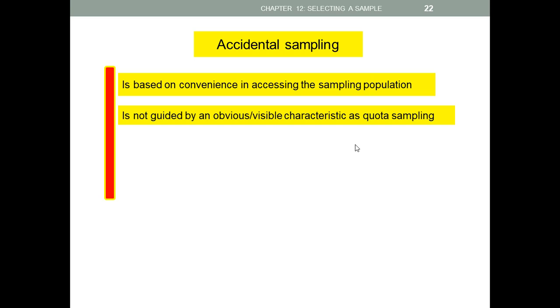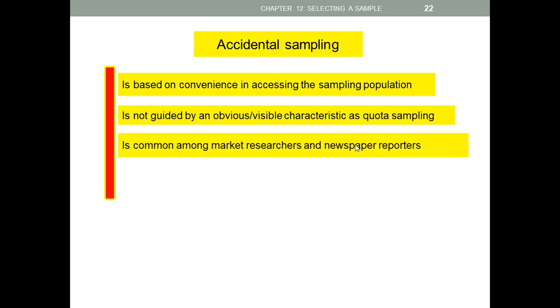He might say yes, he might say no. If he says no, I don't smoke, you say thank you, because you want to talk to smokers. So that's the difference between accidental and quota sampling.